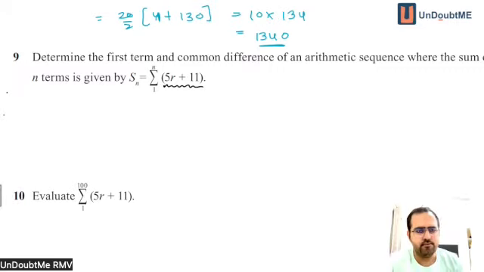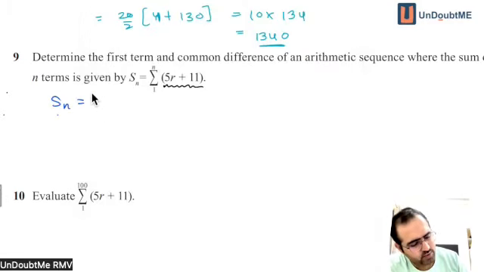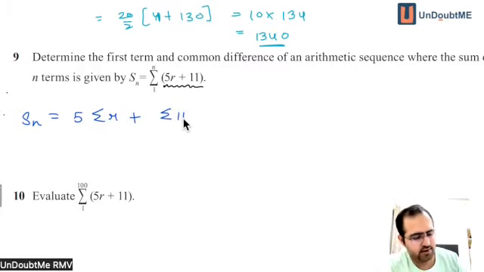So I'll just take the sigma inside and write it down as Sn is equal to 5 times sigma r plus sigma 11. This is the next step.